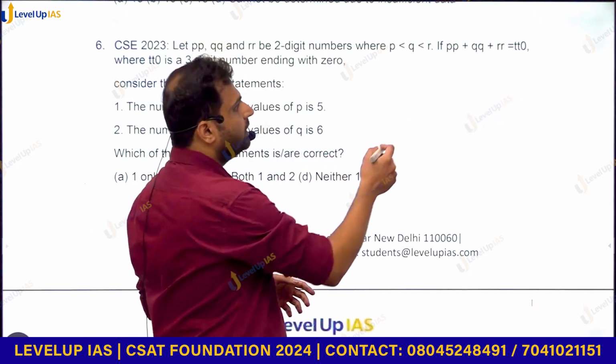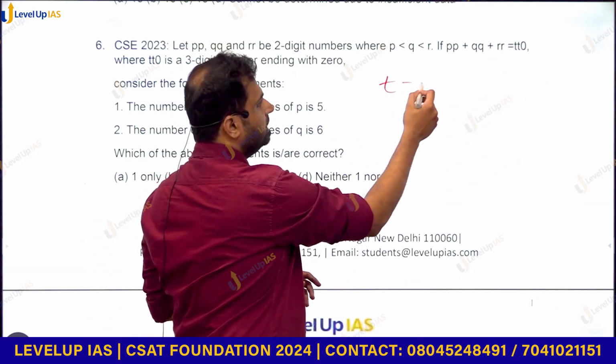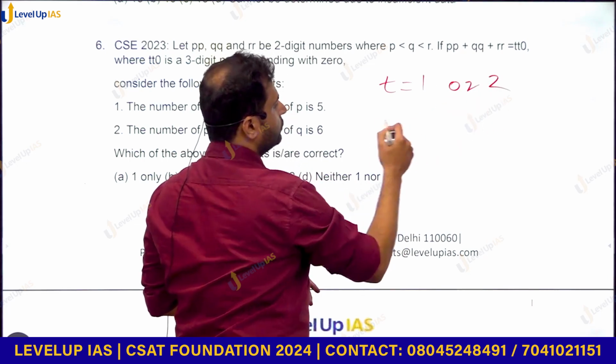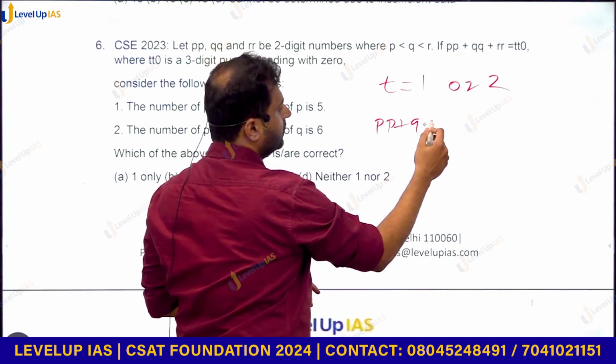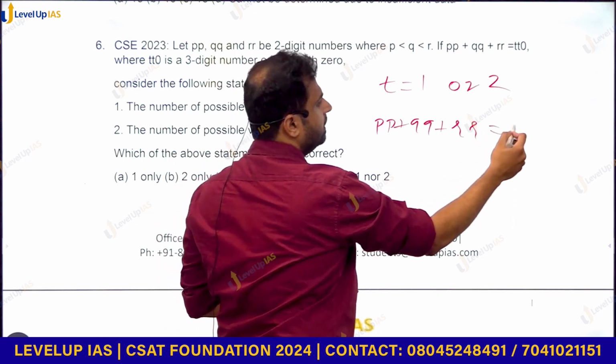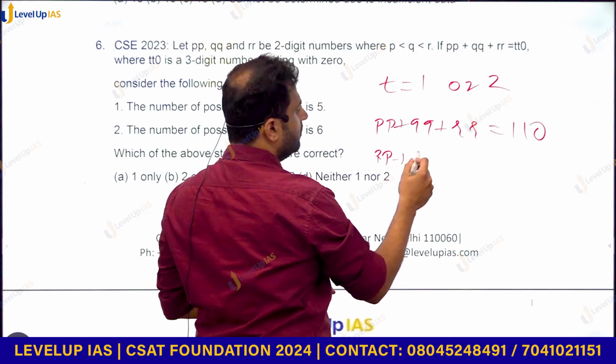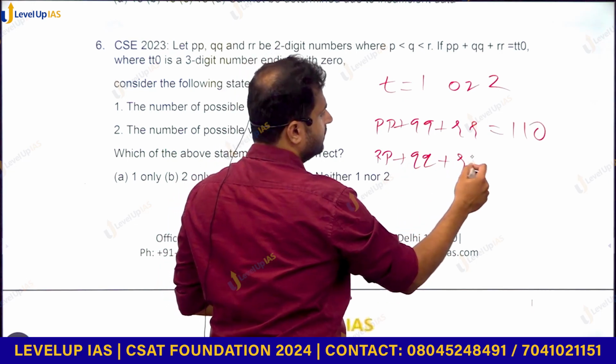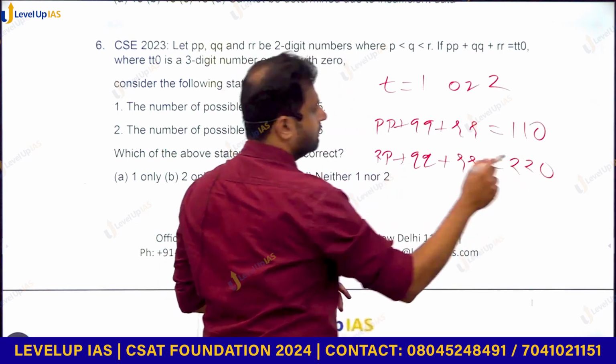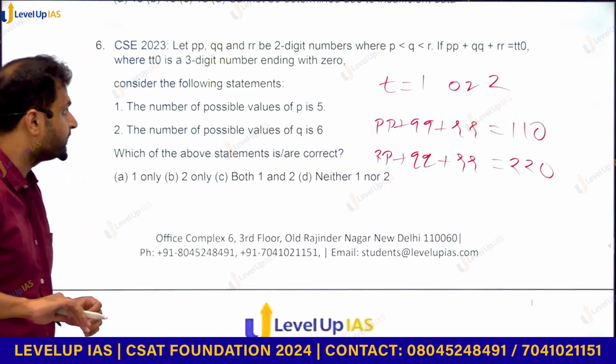So all we can have is P can be 1 or 2. So PP plus QQ plus RR can be 110, or PP plus QQ plus RR can be 220. Those are the only possibilities.